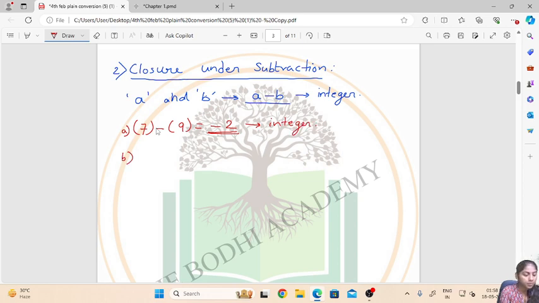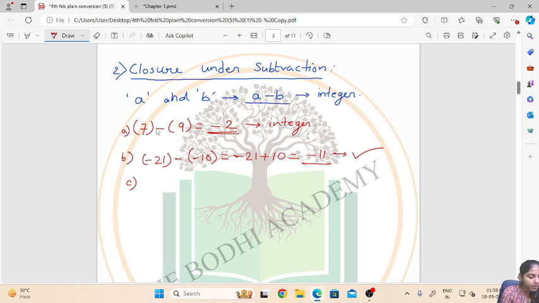Then another example, we have minus 21 minus minus 10, we are doing a minus b. Here what will happen? Minus 21 minus minus, it will become plus 10, that is minus 11. So is minus 11 an integer? Yes, it is an integer.